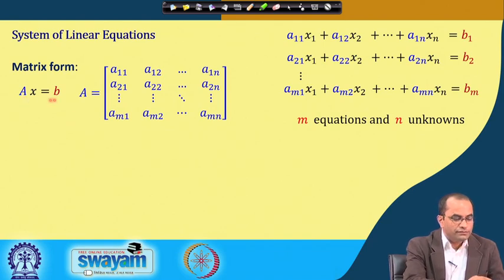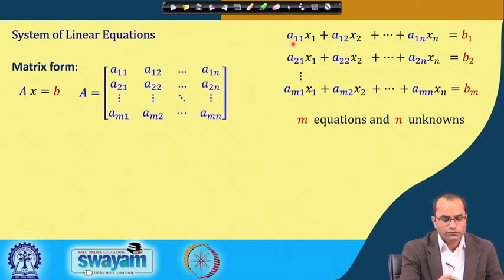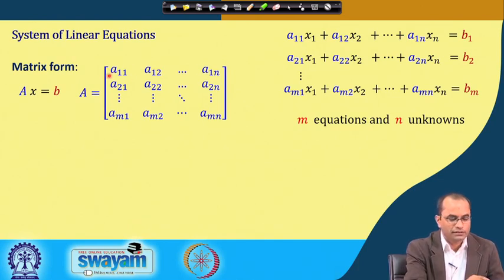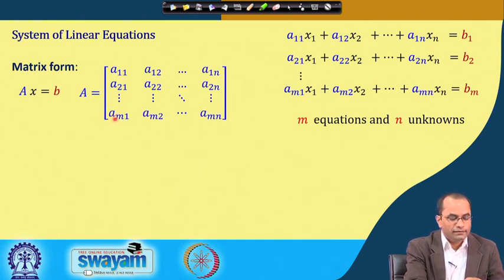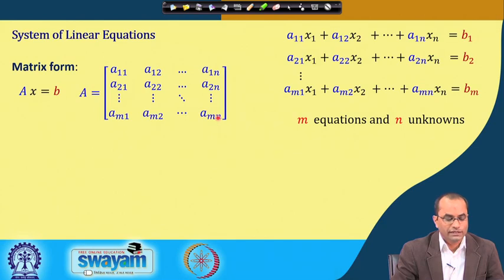Here, in the coefficient matrix, we collect all these coefficients. The first row a11, a12, a1n contains the coefficients from equation number 1. The second row contains the coefficients from equation number 2, and the last row contains the coefficients of the mth equation, so am1, am2 and amn.